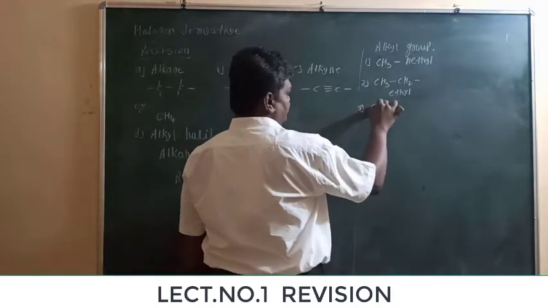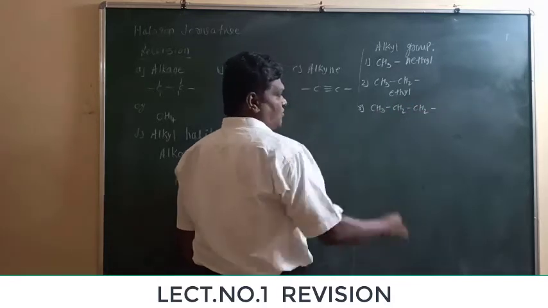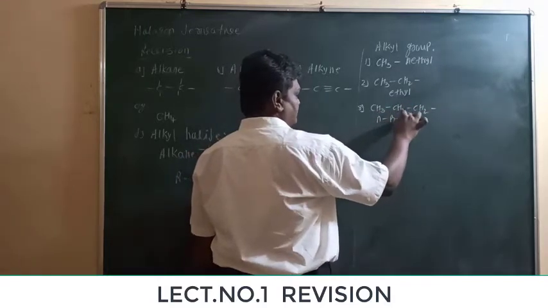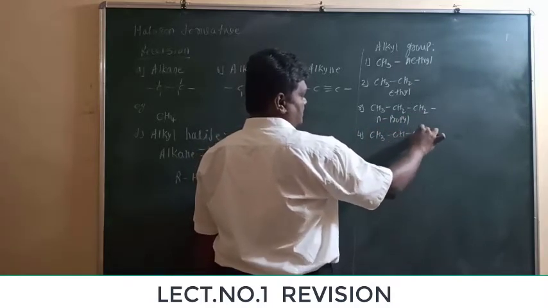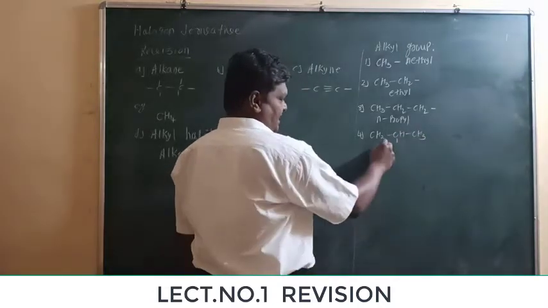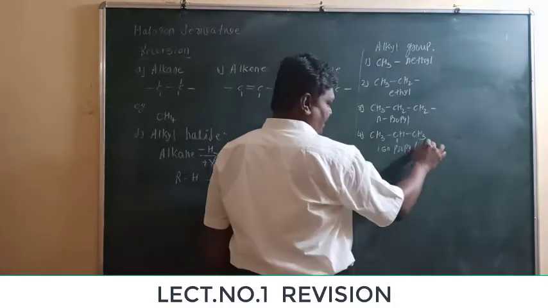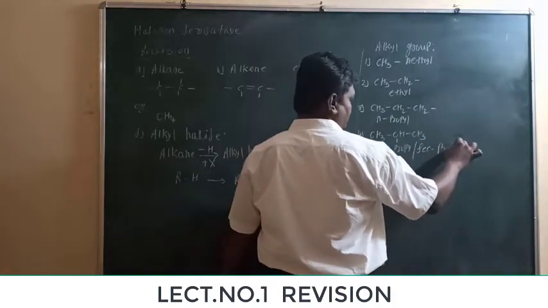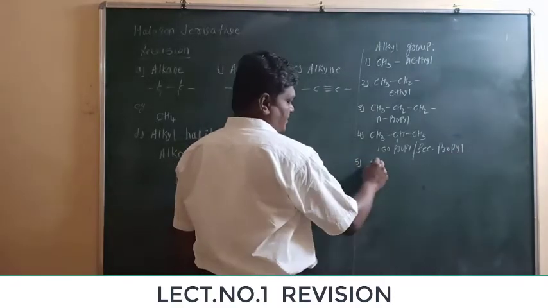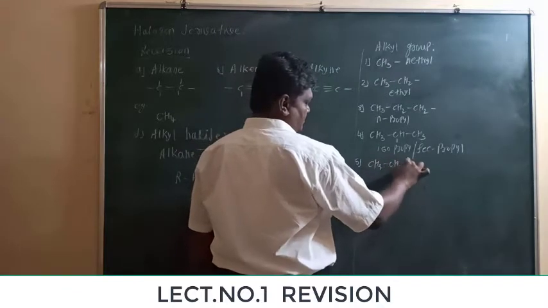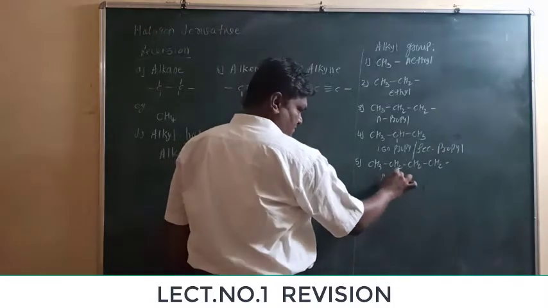Number 3, this is called N-propyl. Number 4, this is called isopropyl or secondary propyl. Number 5 is N-butyl.